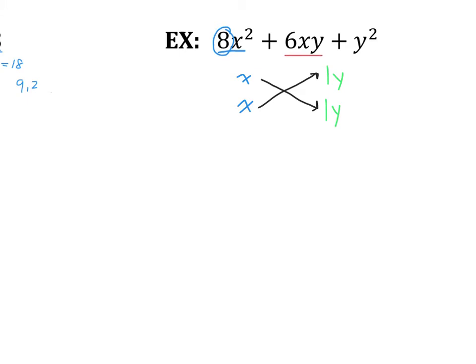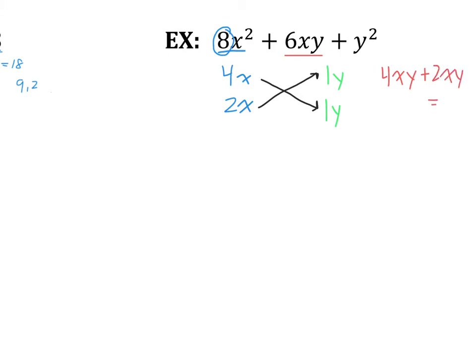So we have to think about what two values are products of 8 but will add up to 6. Hopefully you recognize, if I have a 4x and a 2x, and we multiply across, 4x times 1y is going to be 4xy. And then this way, 2x times 1y is going to be 2xy.